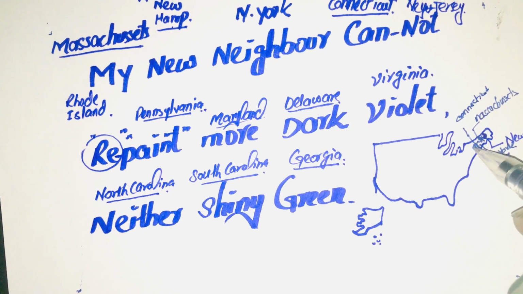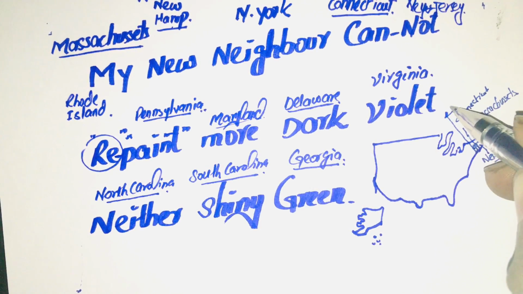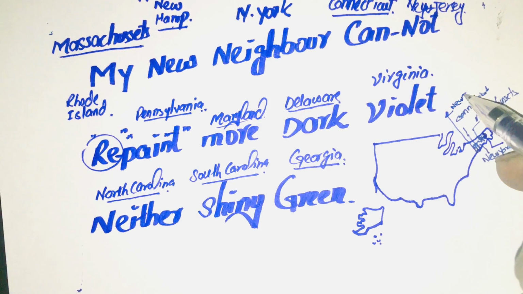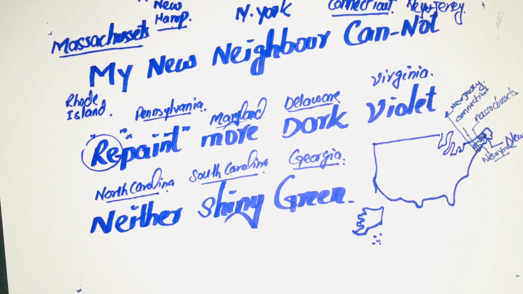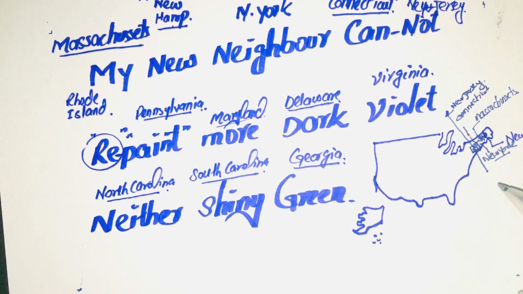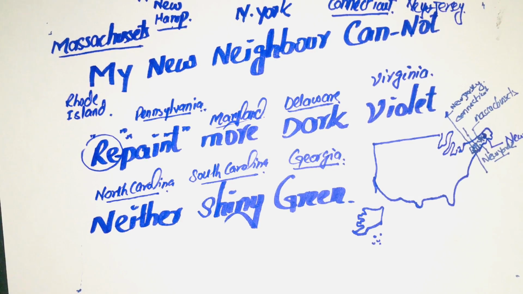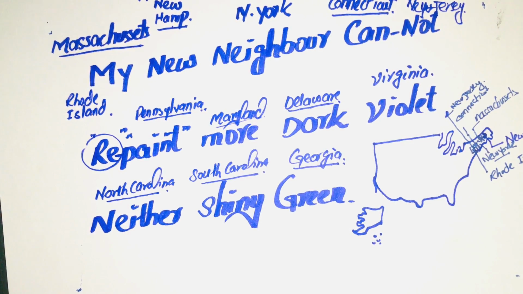And this one, second one is New Jersey. And after New Jersey, again a little colony here. This colony is called Rhode Island.